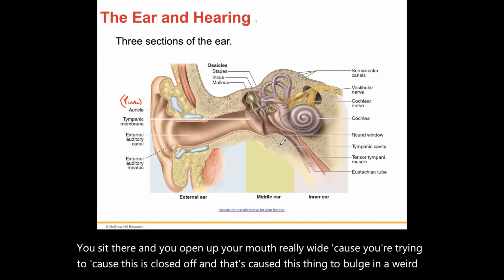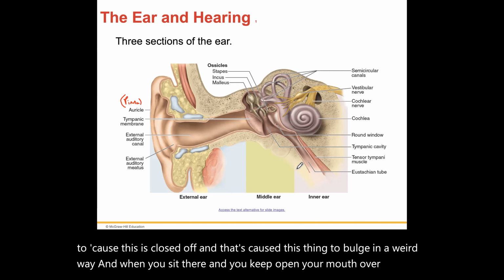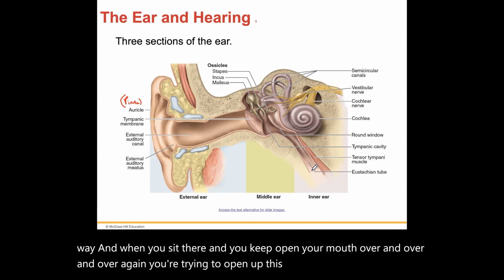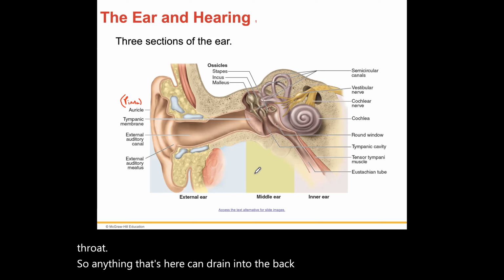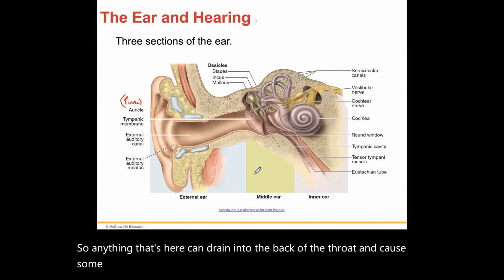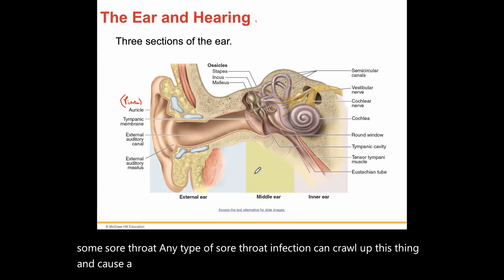When you keep opening your mouth over and over again, you're trying to open this up. This opens up in the back of the throat. So anything that's here can drain into the back of the throat and cause some sore throat. Any type of sore throat infection can crawl up this tube and cause a middle ear infection. So fun times.